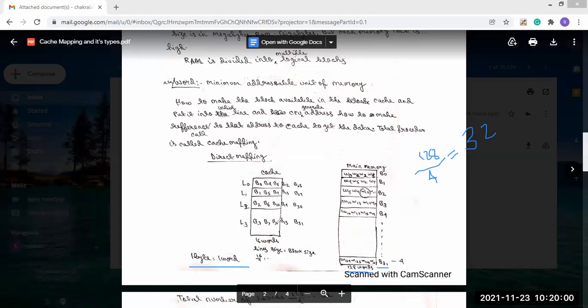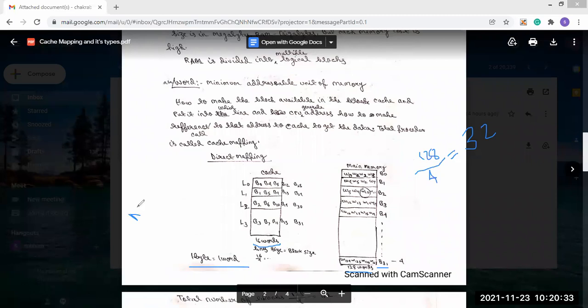Now in the cache, you see, the cache can only accommodate 16 words, whereas the main memory can accommodate 128 words. So we have to move the block in such a way that it can be accommodated into the cache. So this cache can accommodate only 16 words.